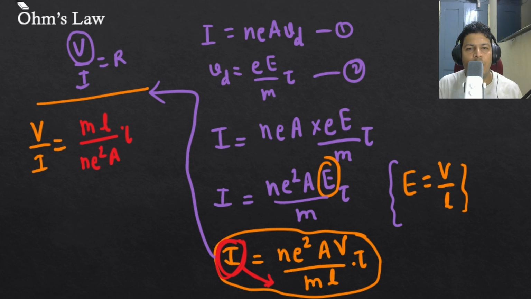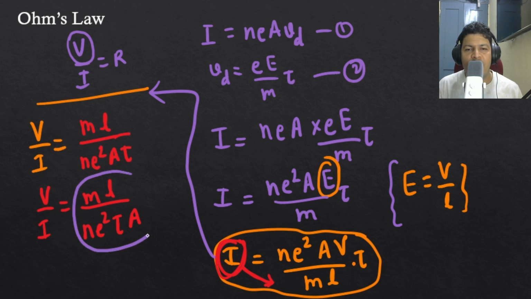That tau must be downward. Is that okay? Tau is the relaxation time. So can I write V over I equal to mL over NE square tau into A. Now, this term will be the resistance.